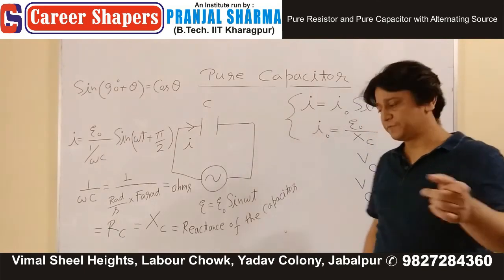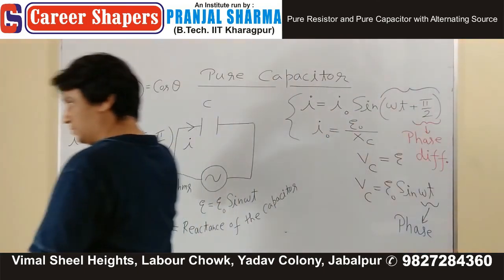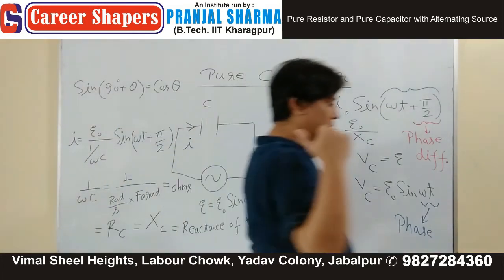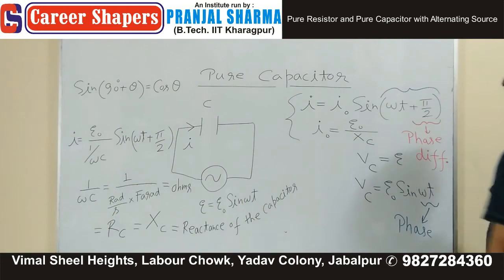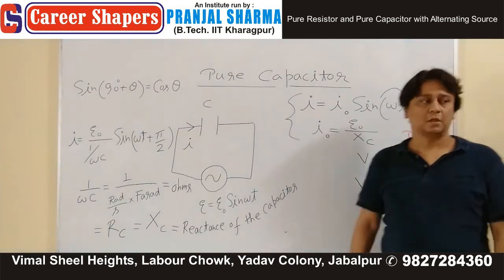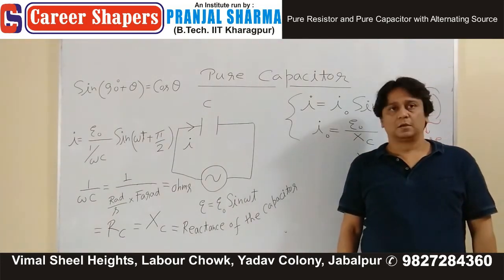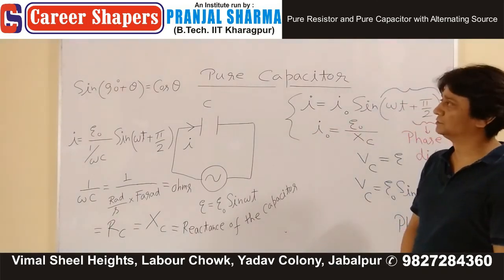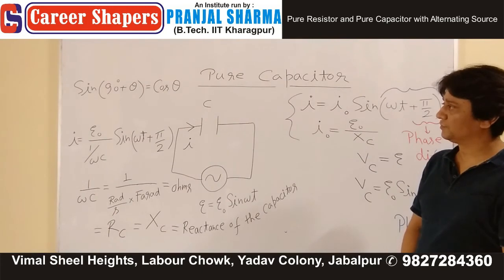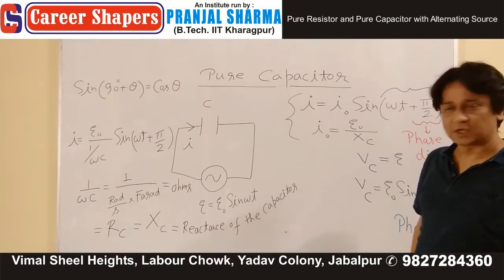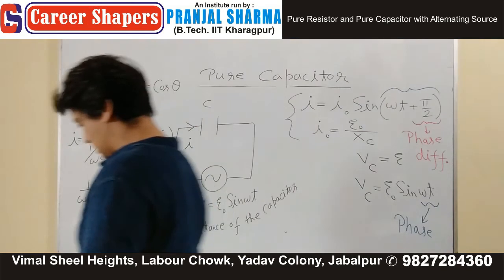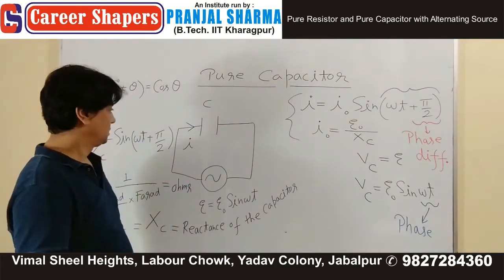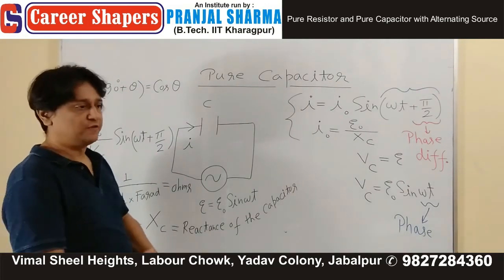A phase difference of pi by 2 radians, inside the bracket 90 degrees, is present between I and V, current and potential difference.